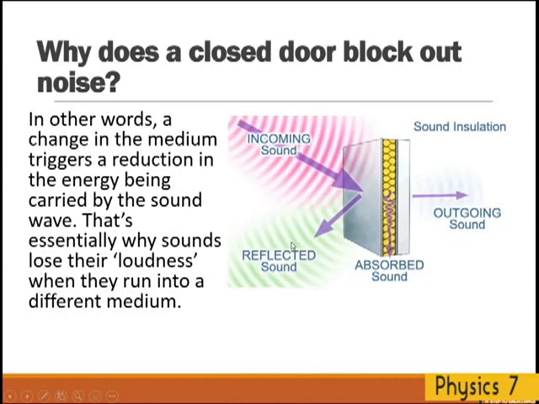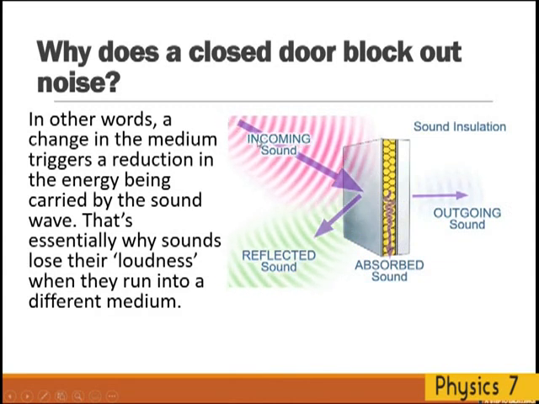At the same time, some of the sound waves will also be absorbed by the wall, and it will depend on the materials that the wall is made up of. Some of the sound waves are reflected and absorbed, so the remaining waves which actually go through the wall are going to be diminished.